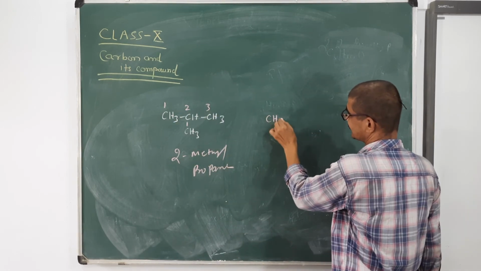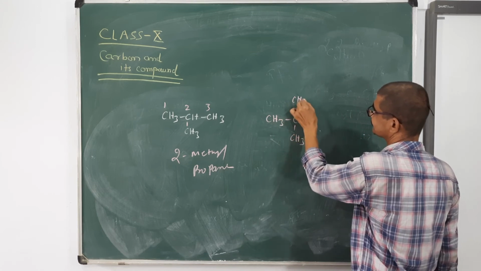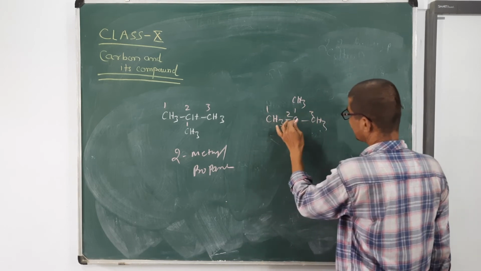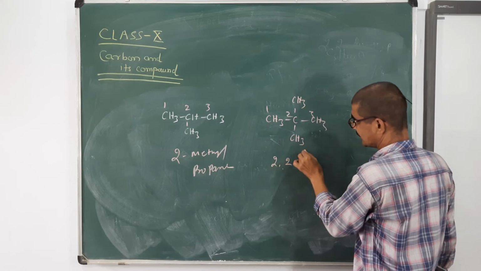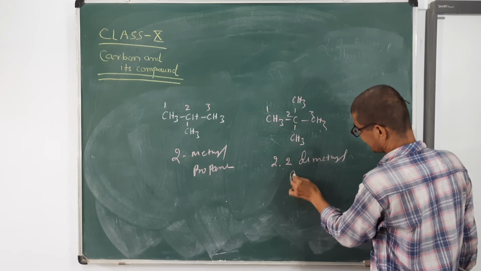Other side, if there are 2 branches here, what is the name of this compound? Just this carbon atom. So at the 2 carbon atom, 2 branches here, so we can write 2,2-dimethyl propane.